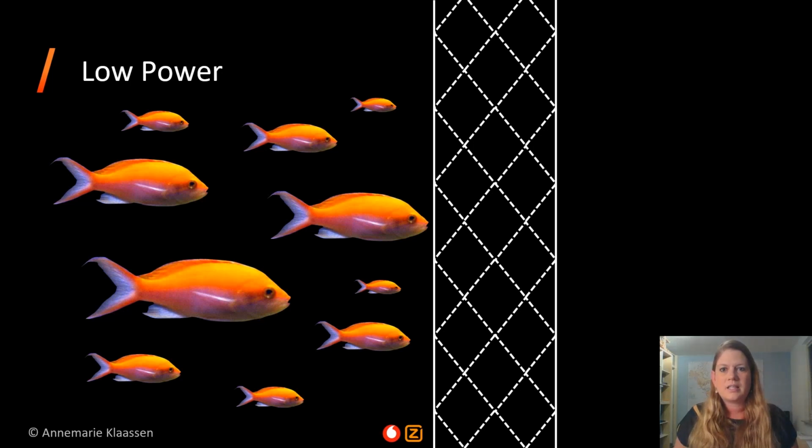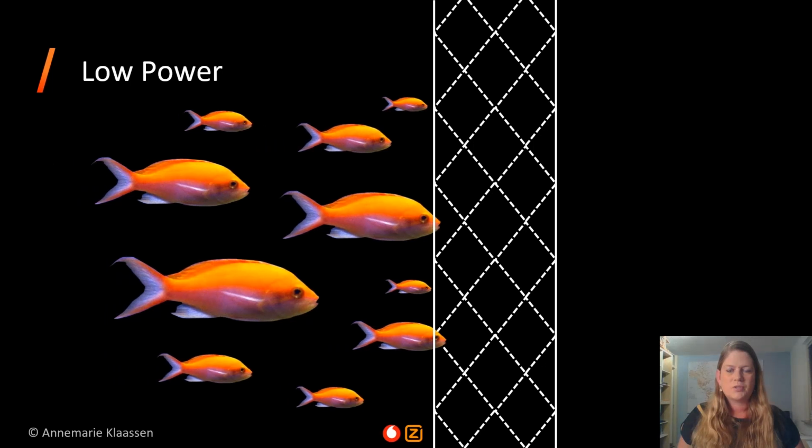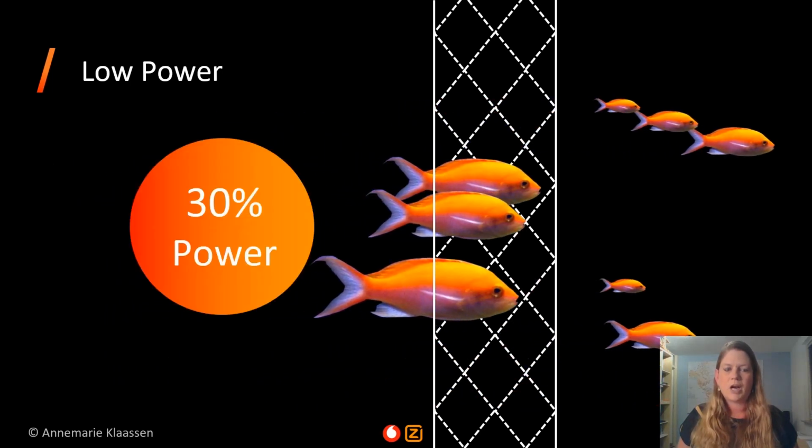And the thing is, if you don't put enough time and effort into making a good fishing net, like you're only testing on a very small amount of people, then you can only catch the biggest fish. In this case, only 30% of the fish, so this translates to a power of only 30%.